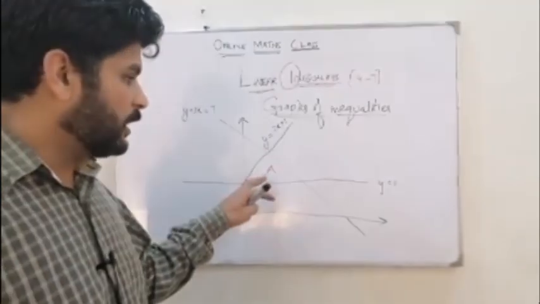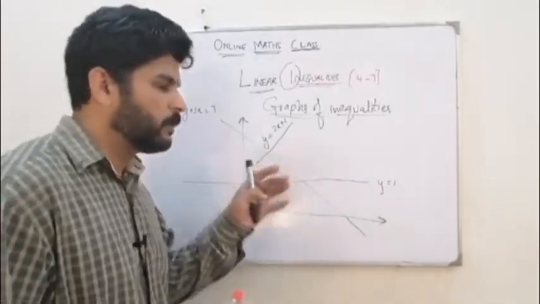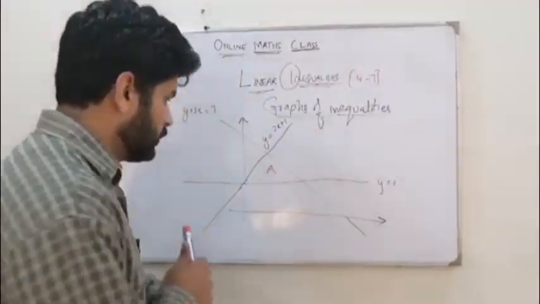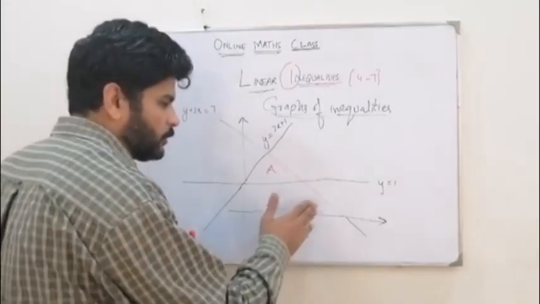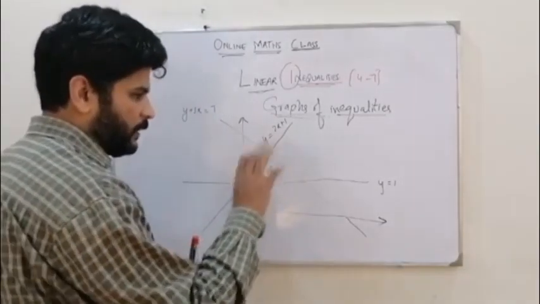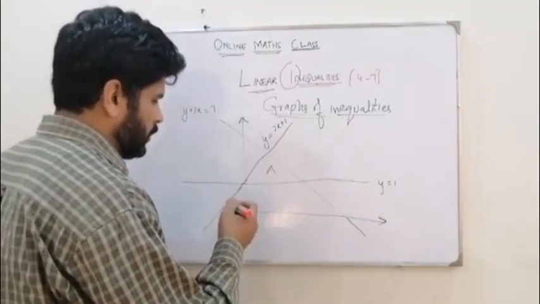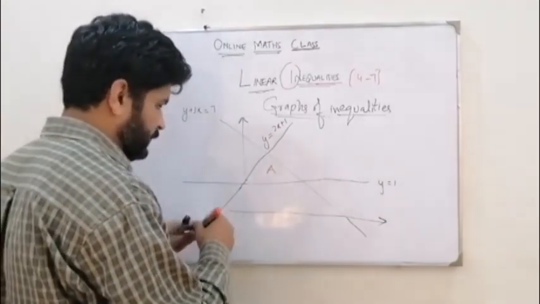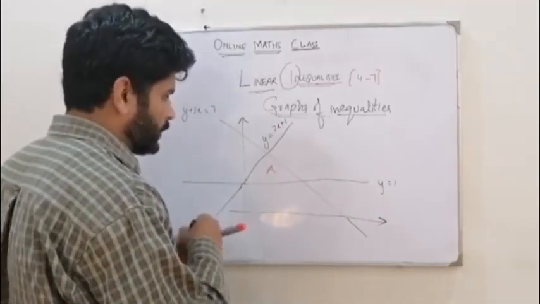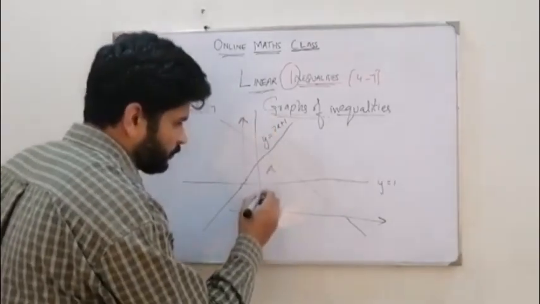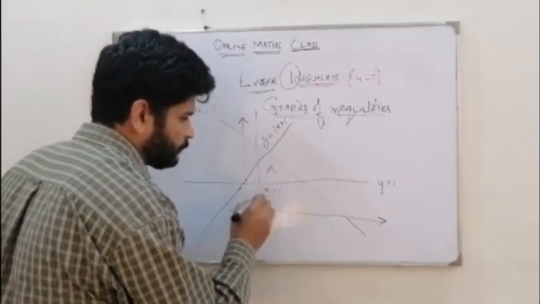When you are given a shaded region and you have to make inequalities out of that, we're going to talk about every line separately, right? So let's make another line here to make it a little more complex, which is x is equal to 1.